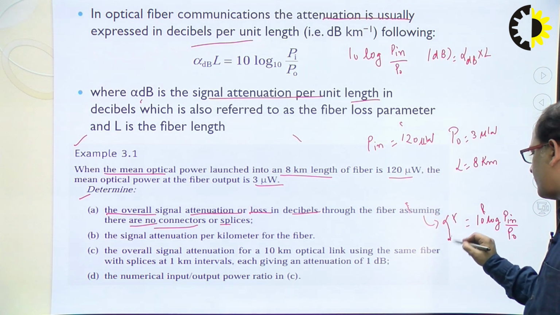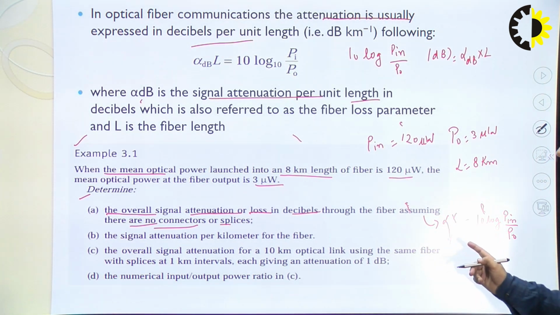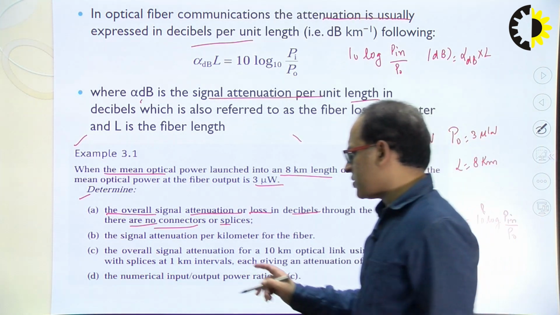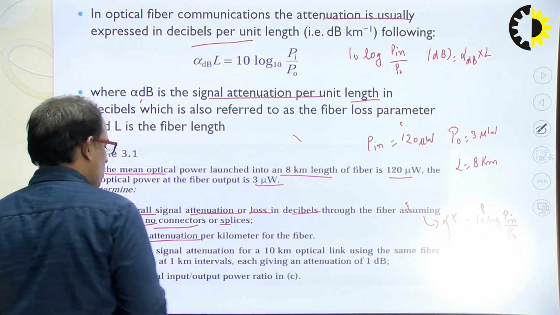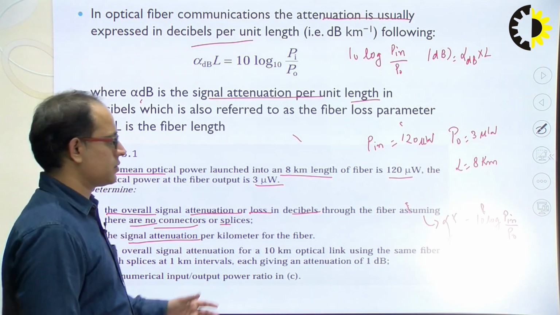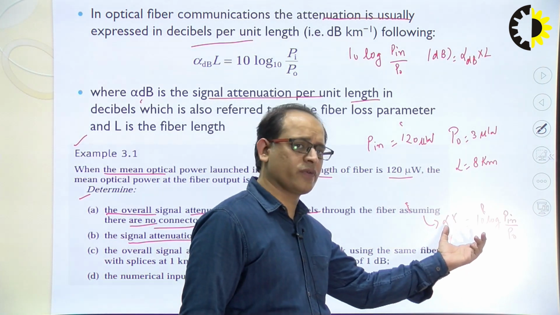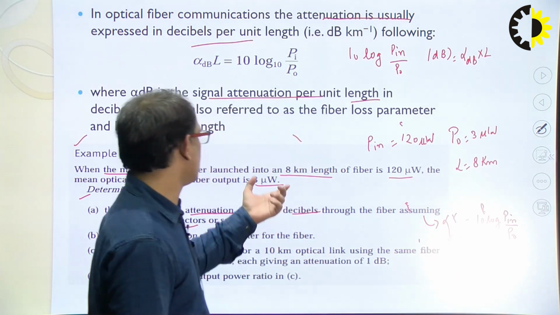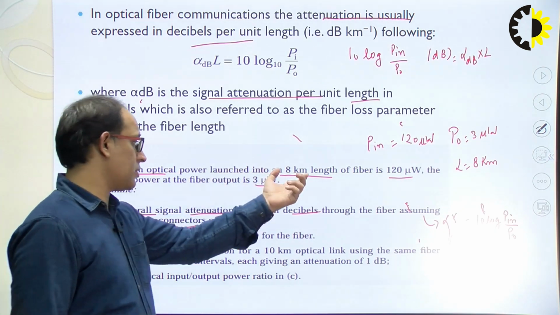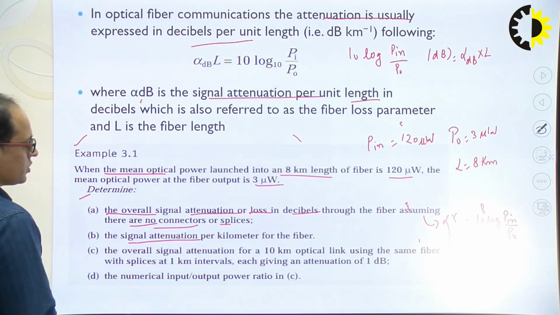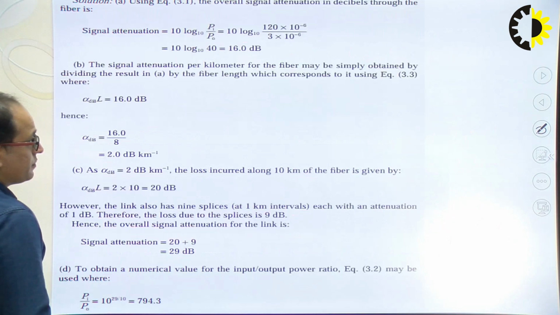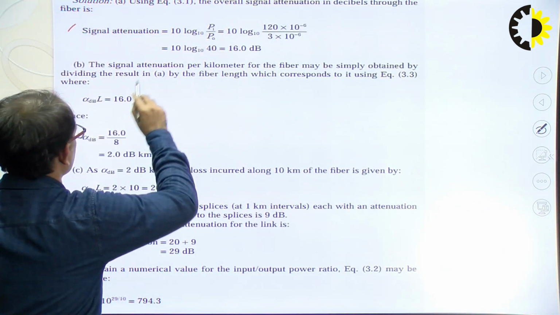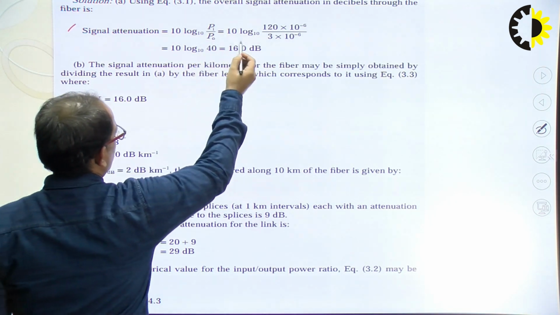This alpha is the total attenuation. Clear? Now if I want to calculate the total signal attenuation per kilometer, that means I calculate the attenuation from this factor and multiply by the total length of the optical fiber cable, and you will get the signal attenuation per kilometer. Clear? So the total signal attenuation is equal to 10 log of P in by P out.